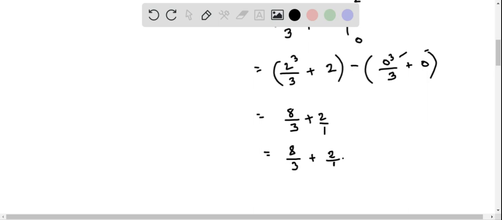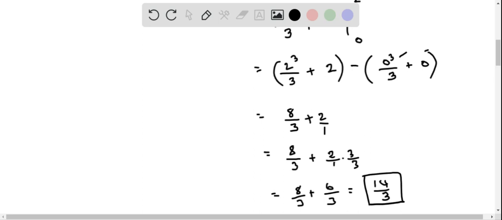I can multiply and divide by 3 to make it a common denominator fraction. So it's basically 8 by 3 plus 6 by 3, and this equals 14 by 3. And so this is the area of the shaded region. In terms of decimals, it is approximately 4.67.